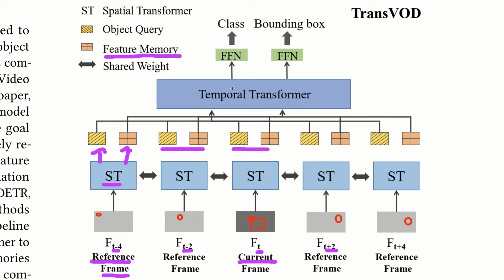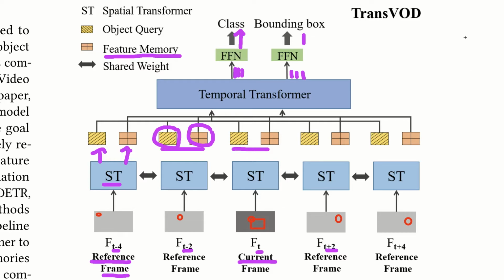future time steps. And the temporal transformer now has a temporal attention mechanism to make use of these features and potential objects in each of these frames. The temporal transformer then creates feature vectors, which are then consumed by a feed-forward network to then create classes and bounding boxes.